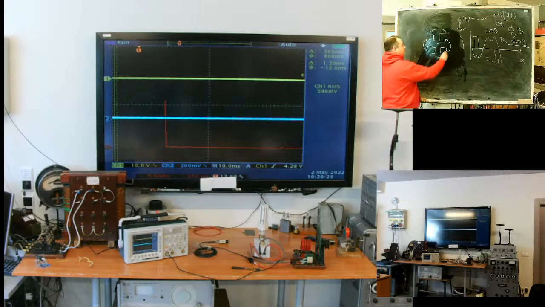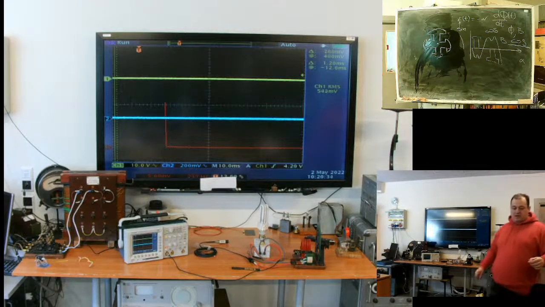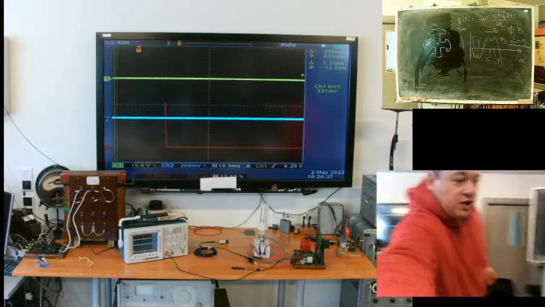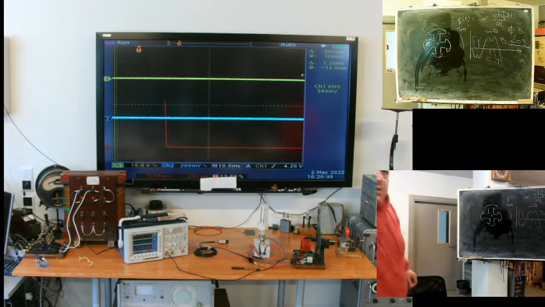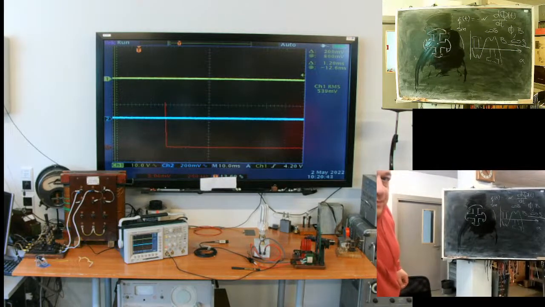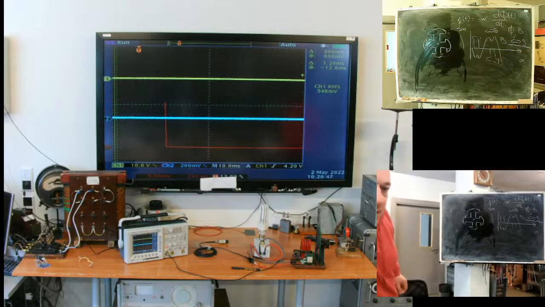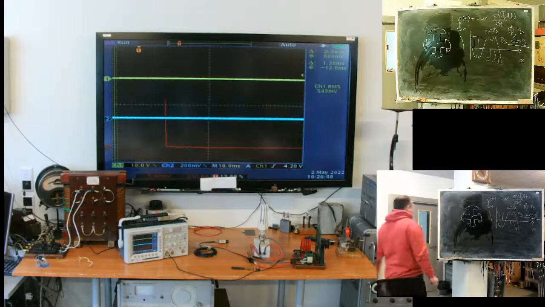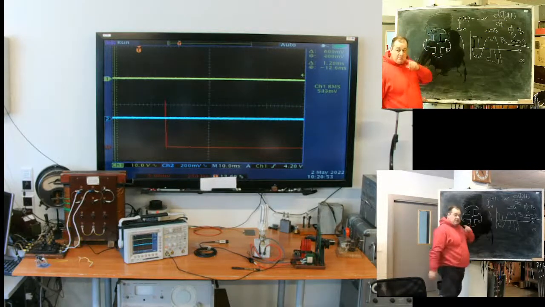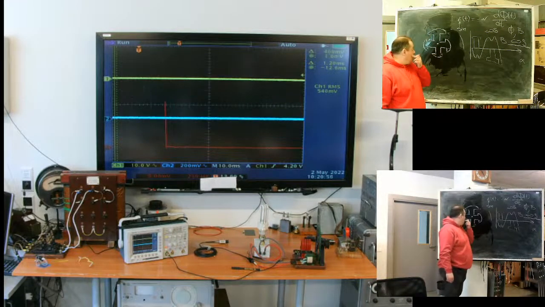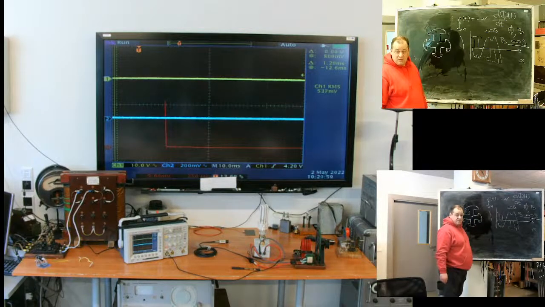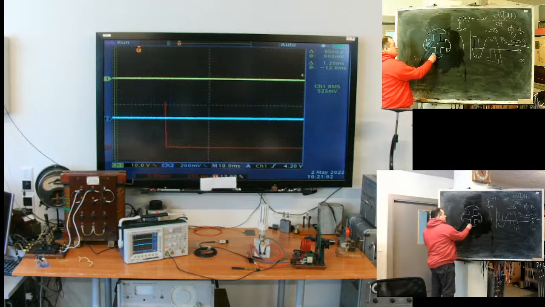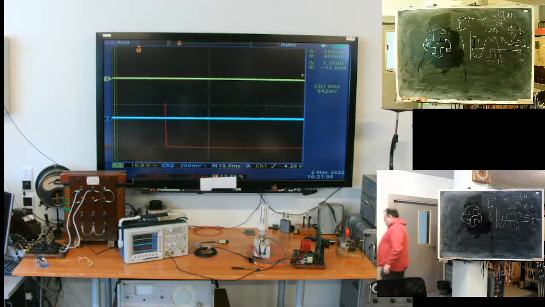Or, very popular, is to reduce the amount of steel by cutting a kind of channel, or replacing part of the steel with non-magnetic material like micanite or something like this, to reduce magnetic conductivity in these areas.